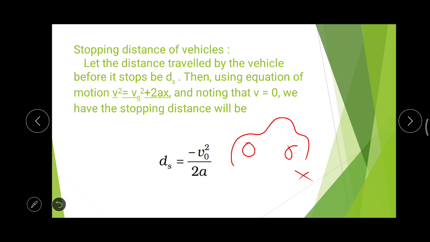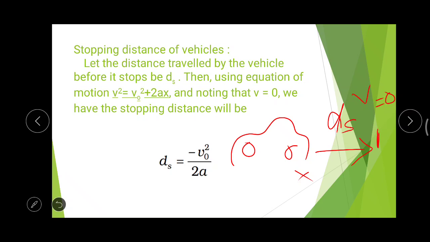So after applying that brake, how far this vehicle moved, that is the ds value. Here we know that at this point the final velocity v will be equal to 0 because it is completely stopped.